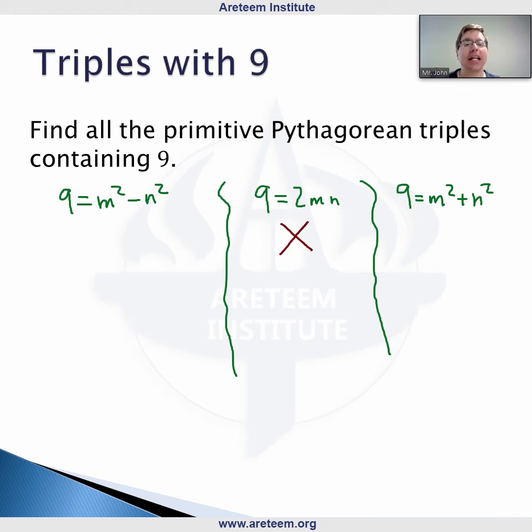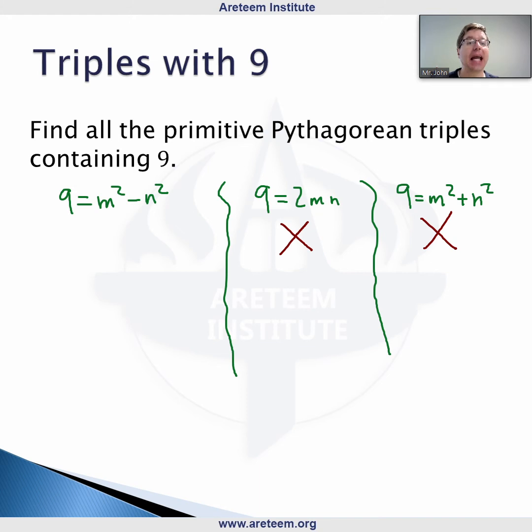Now, obviously the second case doesn't work. m and n are integers, so 2 times m times n is an even number, and 9 is not even. The third case is a little bit more work to check, but you can check all of the possibilities. m and n are integers.